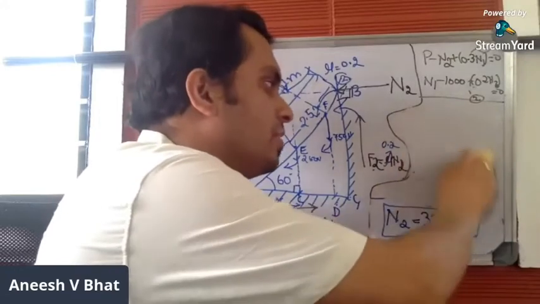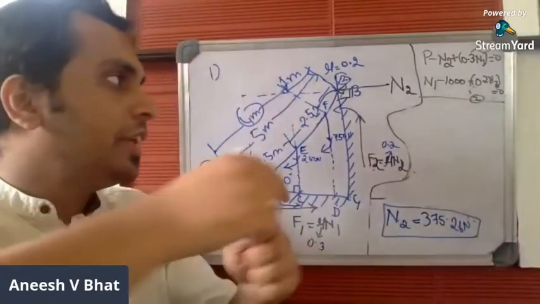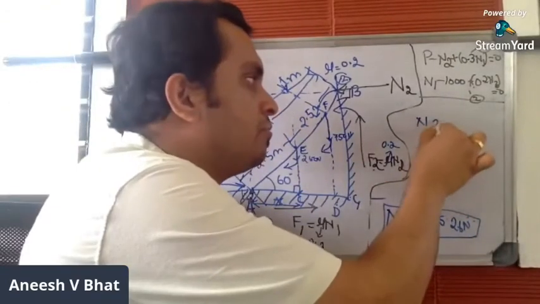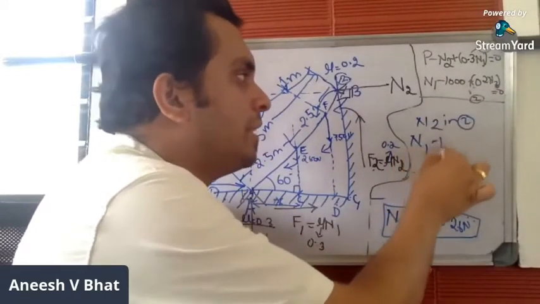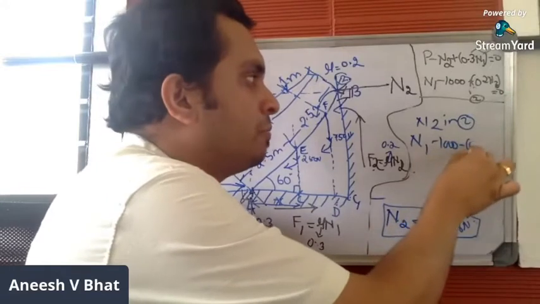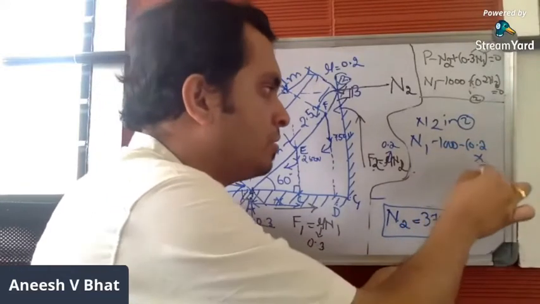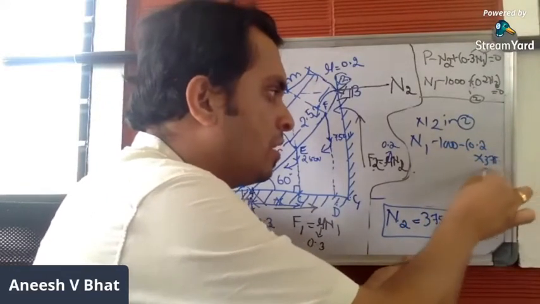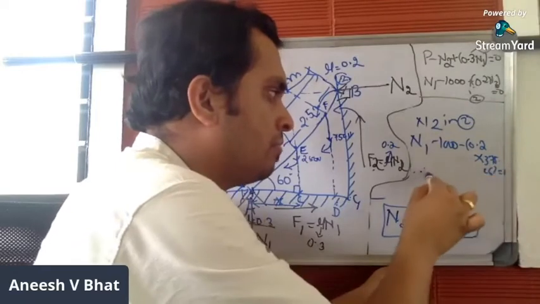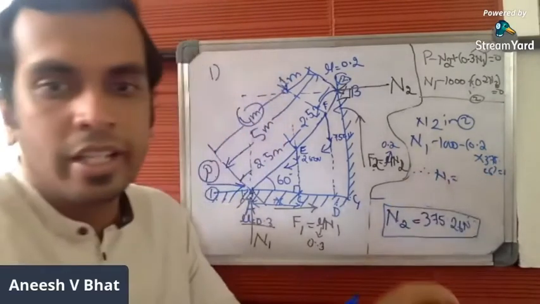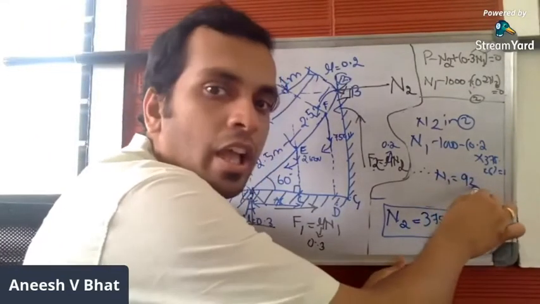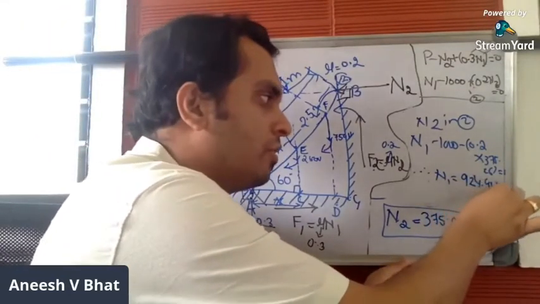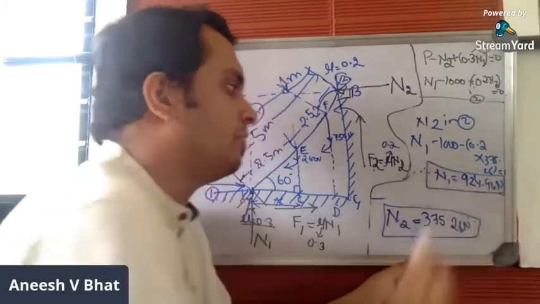Now N1 minus 1000 minus 0.2 into N2, which is 375.26, is equal to 0. Therefore, N1 is equal to 924.94 newtons. So we got the value of N1 as well.